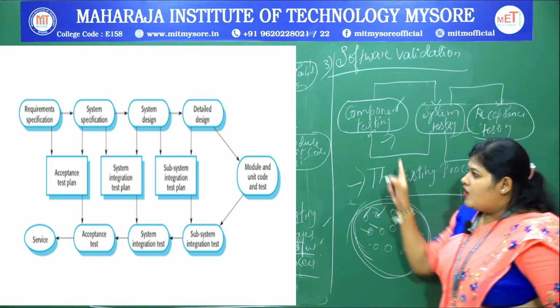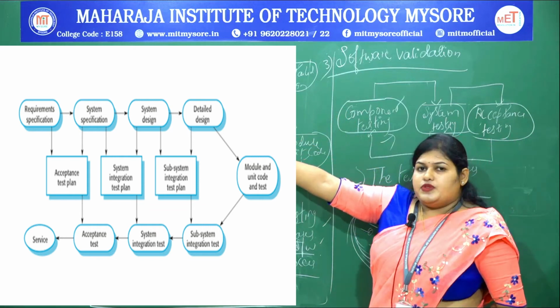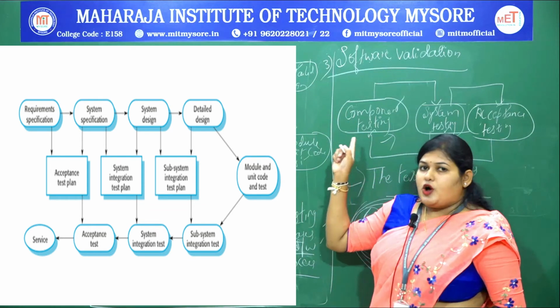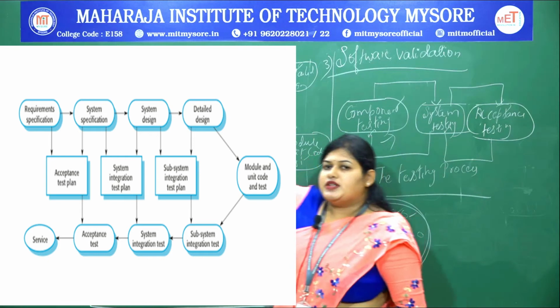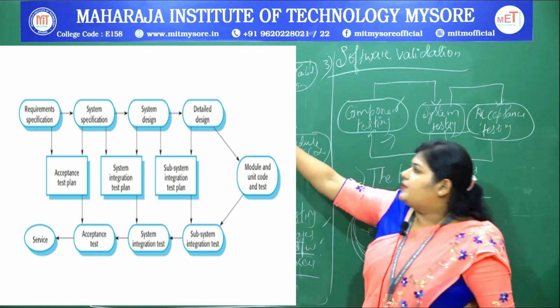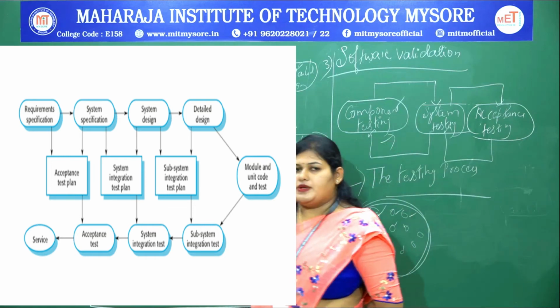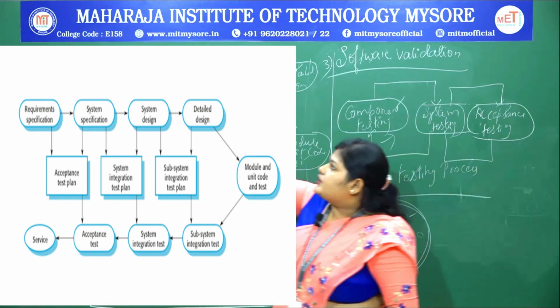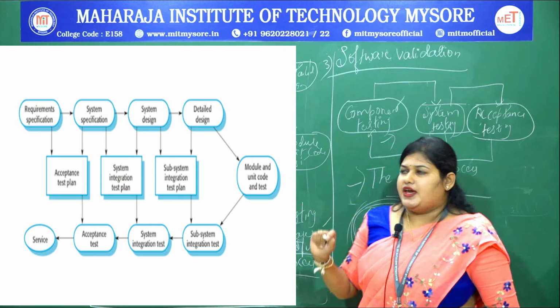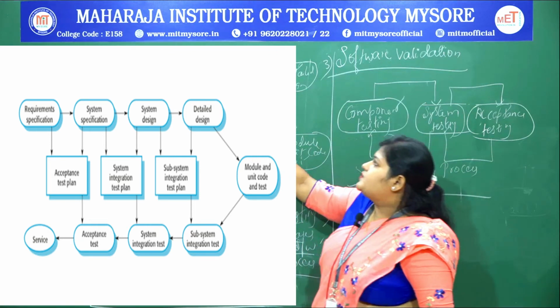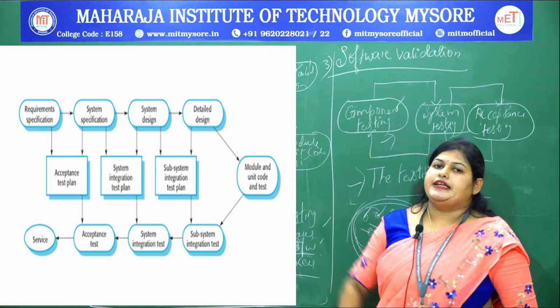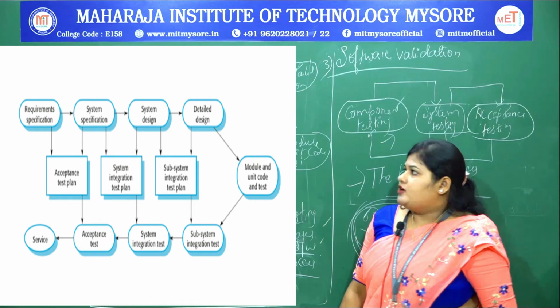On this basis, in order to analyze this component testing, all these phases come before it. What are those? The requirement specification, in continuation the system specification and the system design, and finally the detailed design. Is that right?